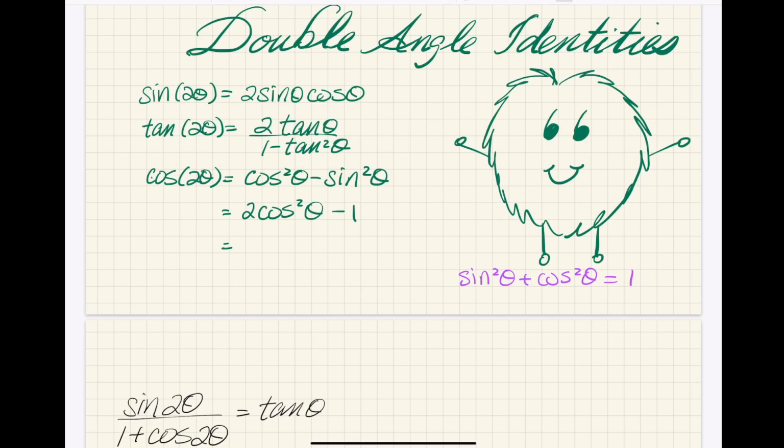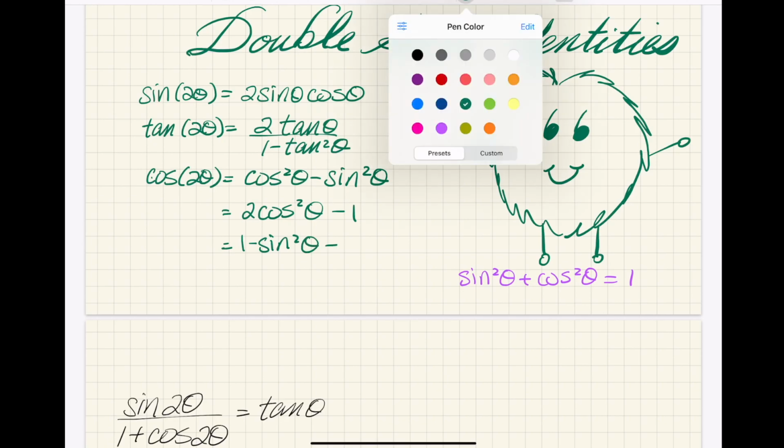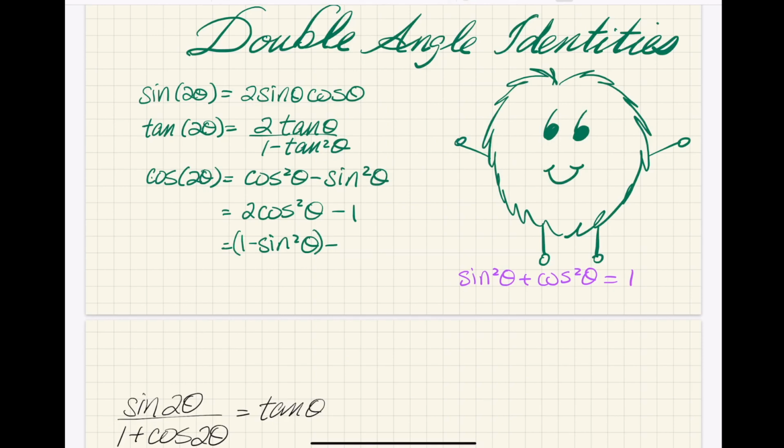So cosine squared comes out, 1 minus sine squared goes in its place, minus the sine squared we had in our original form of the identity, and we have 1 minus 2 sine squared theta, ultimately giving us 3 versions for the cosine of 2 theta, that double angle identity.